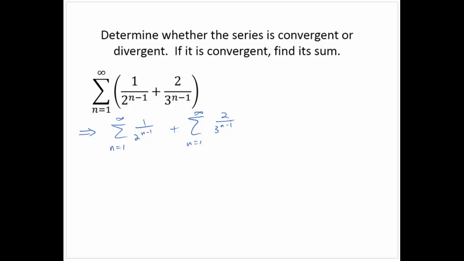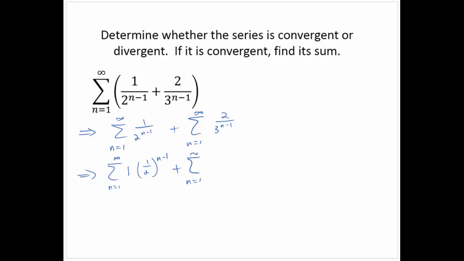All right, what am I going to do with that 2 to the n minus 1? Well, isn't 1 over 2 to the n minus 1 the same as 1 times 1/2 to the n minus 1? I mean, think about that. That would give me 1 to the n minus 1 over 2 to the n minus 1, times 1. That's fine.